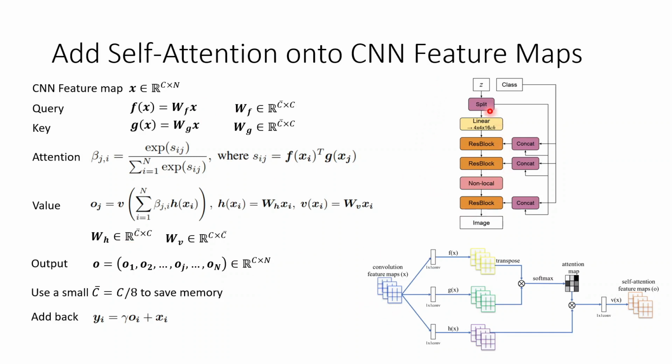Because this is a generator, there are low resolution layers, middle resolution layers, up to high resolution layers. They just pick one of them so that we have the feature maps already.